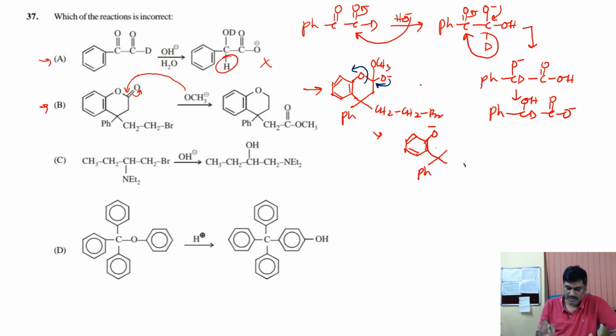I just simply change it, please, for better understanding. I write here the CH2 CH2Br. It's a matter of orientation, right? And this group is basically CH2. Understand this one? And there the C double bond O, and there the OCH3. Hope you don't have any difficulty understanding this one, right?